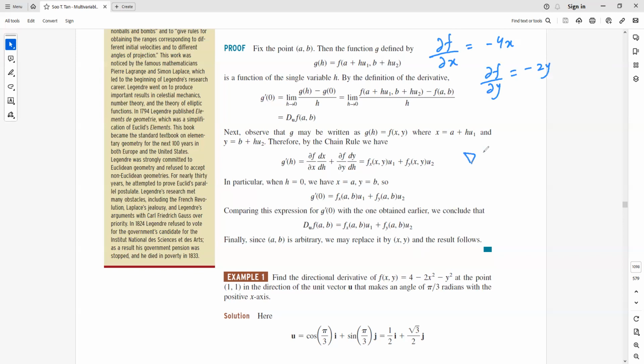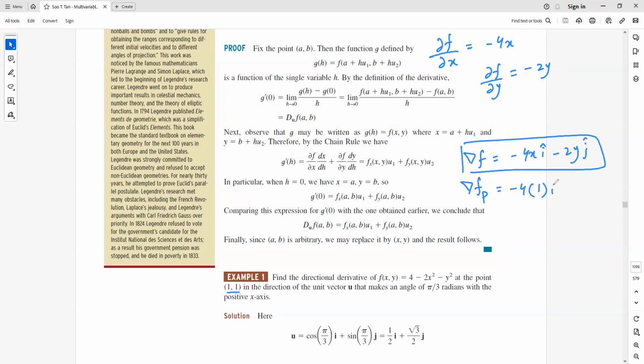So the gradient of the function is negative 4x i minus 2y j. Now we are given the point (1, 1), so we need to compute the gradient at this point. We just plug in the values.